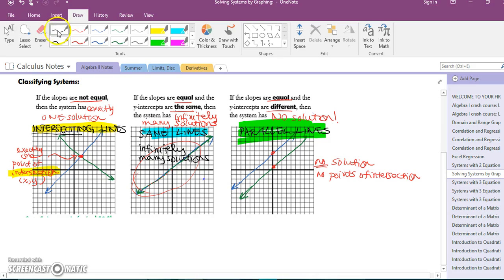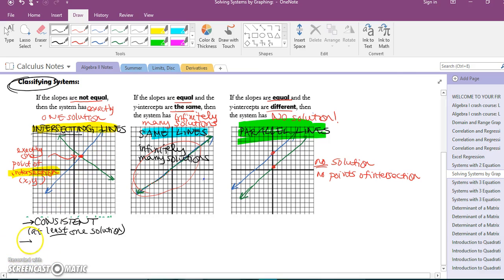And for our vocab words, if I have a system with exactly one solution, I can classify the system. That's why it's called classifying here. I'm going to classify it as what's called consistent. Consistent means there's at least one solution. There is at least one solution here.